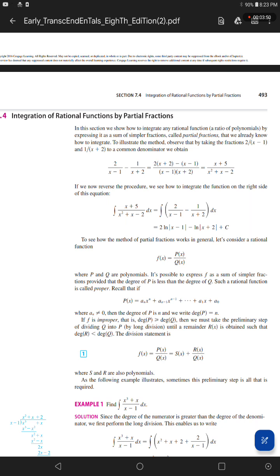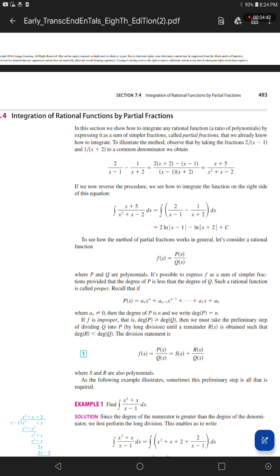If f is improper, that is, the degree of P is greater than or equal to the degree of Q, then we must take the preliminary step of dividing Q into P by long division until a remainder R(x) is obtained, such that the degree of R is less than the degree of Q. The division statement is equation 1: f(x) equals P(x) over Q(x) equals S(x) plus R(x) over Q(x), where S and R are also polynomials.